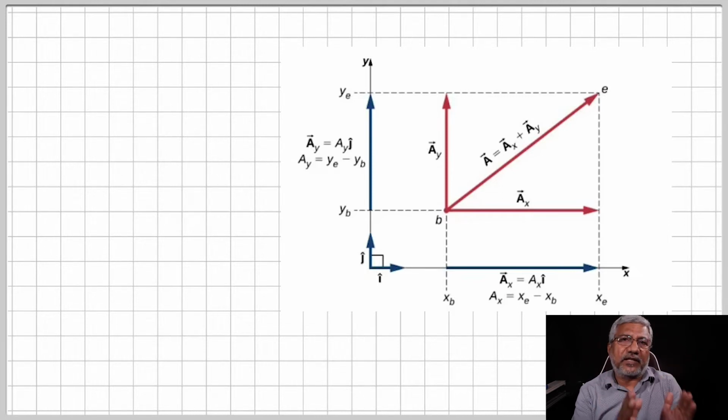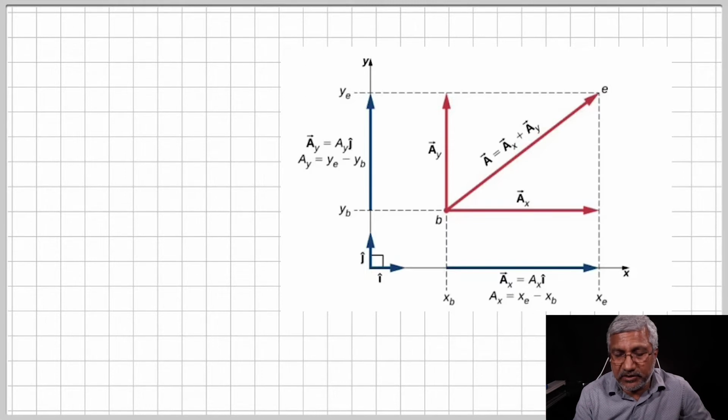If you put a vector as 5i plus 3j plus 2k, I just made up the numbers, that means this particular vector has 5 on the x-axis, 3 on the y-axis, and 2 on the z-axis. So any vector can be represented using the unit vector method, as you can see here.